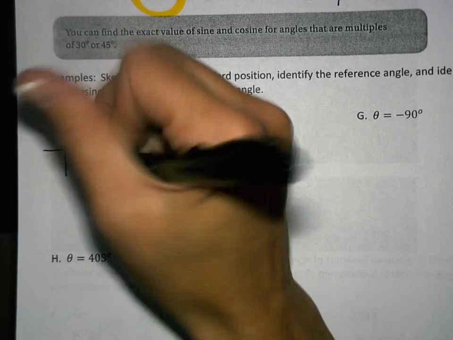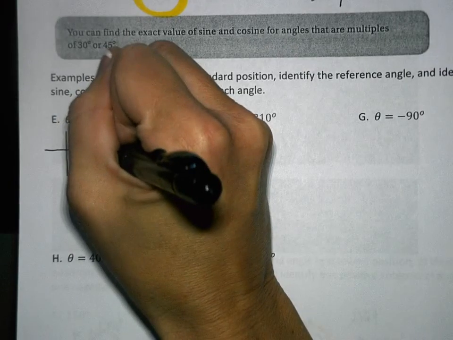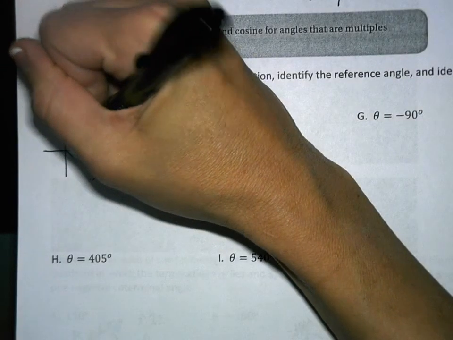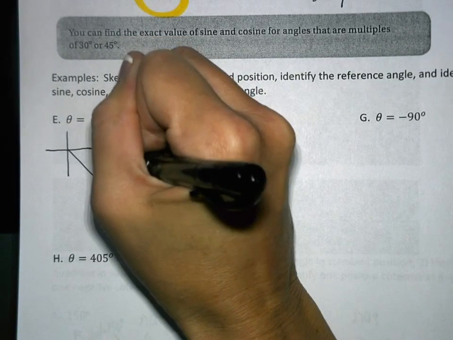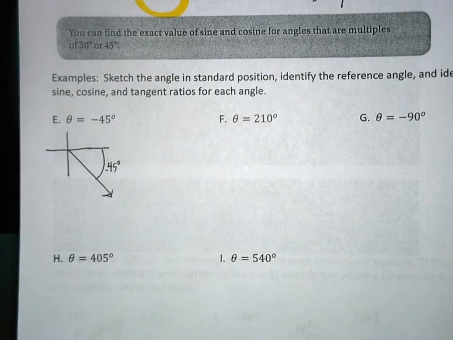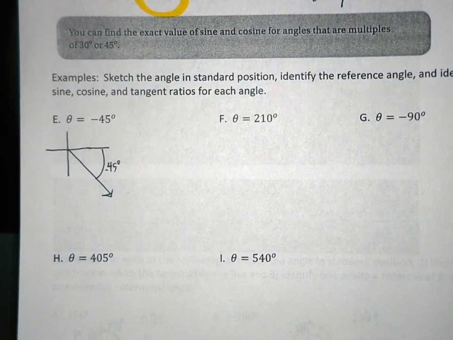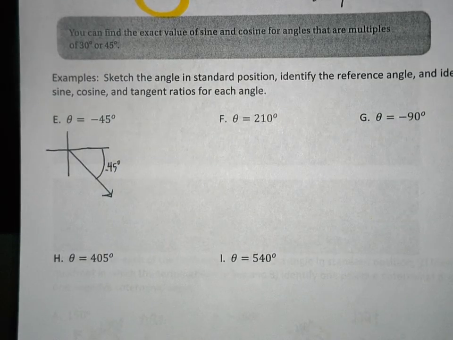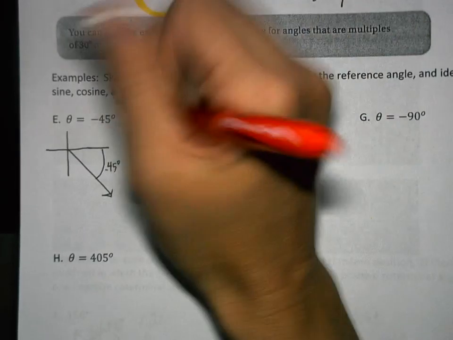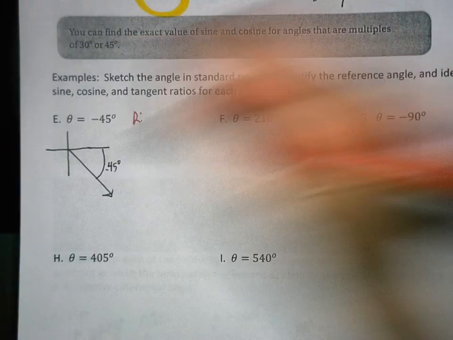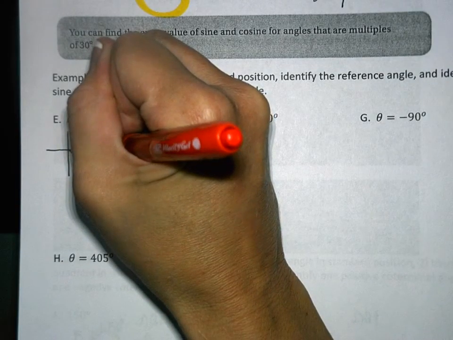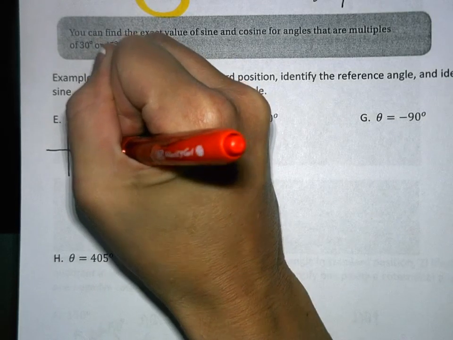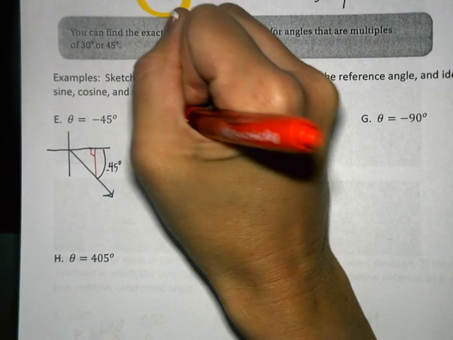I'm going to make this actually a little bit bigger. Okay, and so this right here, that is saying that this is negative 45 degrees. Is everybody good with that? Okay. So the next thing is that we need to find the reference angle. So on this one, my reference angle is going to be what? 45 degrees.